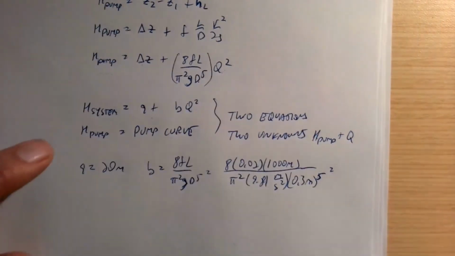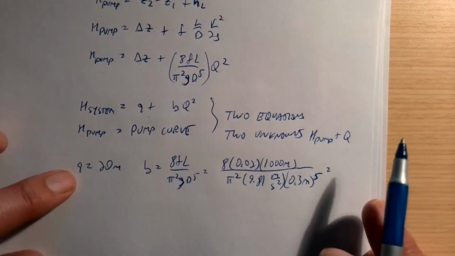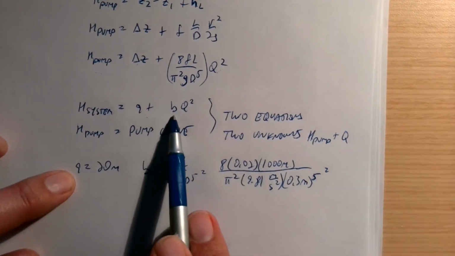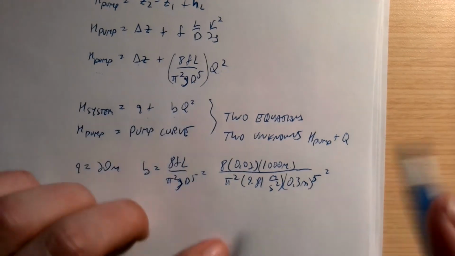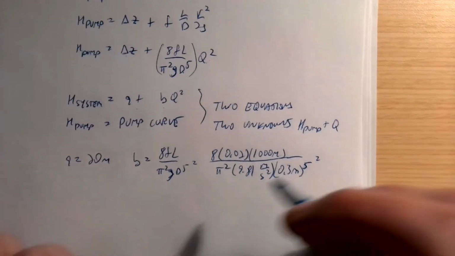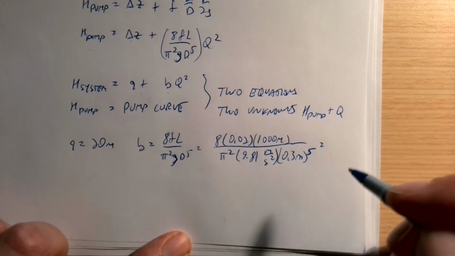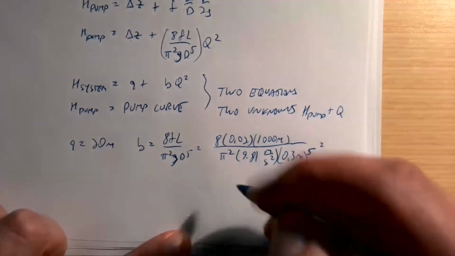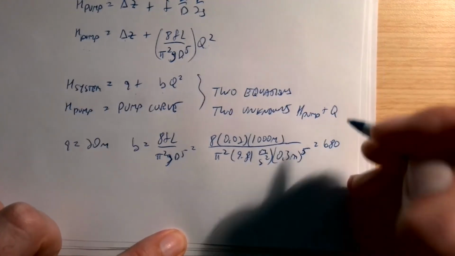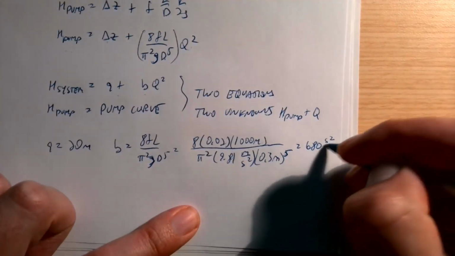And that should give me meters everywhere. So this is going to have units of time squared per length to the fifth, so that when it's multiplied by this, it gives me units of length. That comes out to be 680, and that is going to be second squared per meter to the fifth.